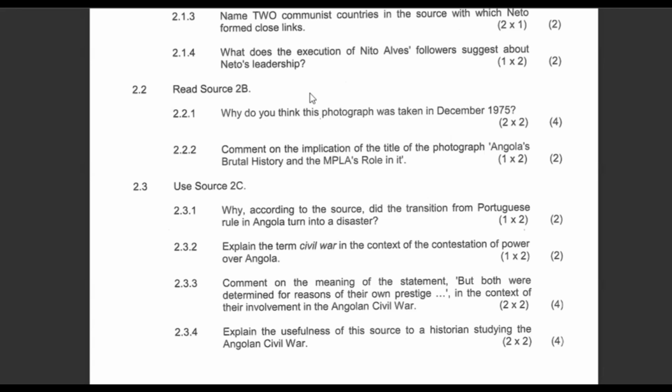So I'm going to write the suggested answer right below. The image is a symbol of the cruelty of the civil war.